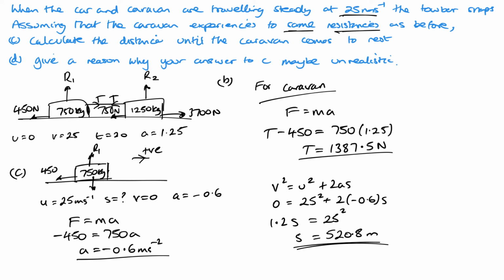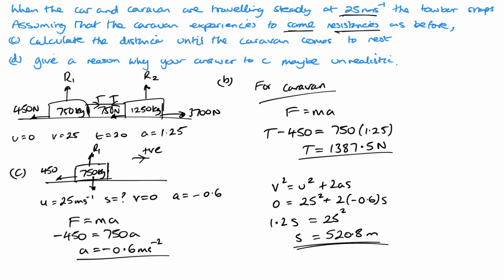Part D, give a reason why the answer to C may be unrealistic. Well, there are lots of reasons you can give here. You can go with the fact that the resistances are unlikely to remain exactly the same. It's not going to stay as 450 for the whole way down. You can say as a caravan, it's unlikely to go in a straight line.